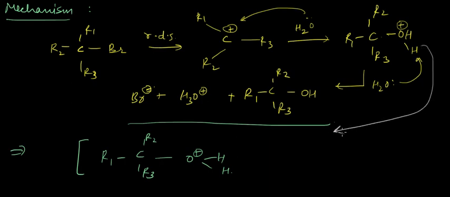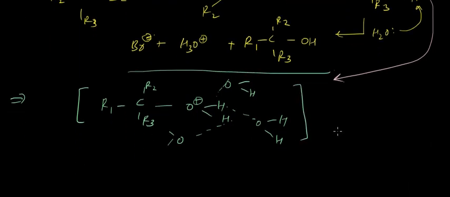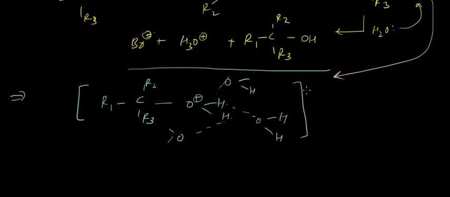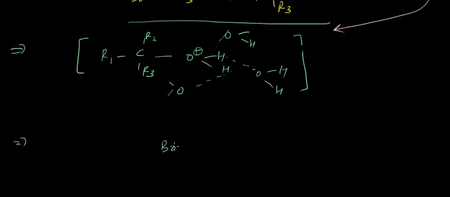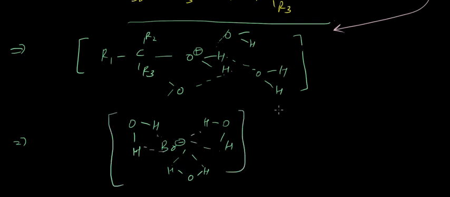The H2O molecules surround themselves with this to extract the H from the molecule, and at the same time, the Br minus which was released is also being hydrated by the water molecules.